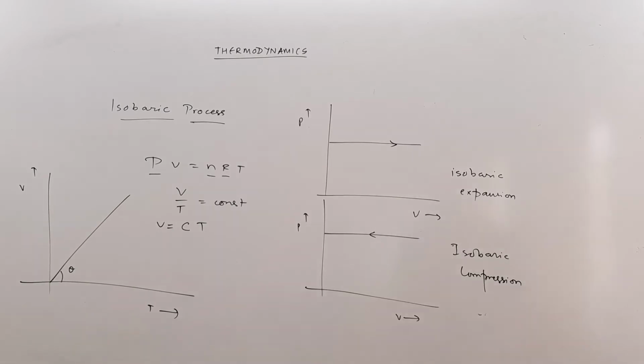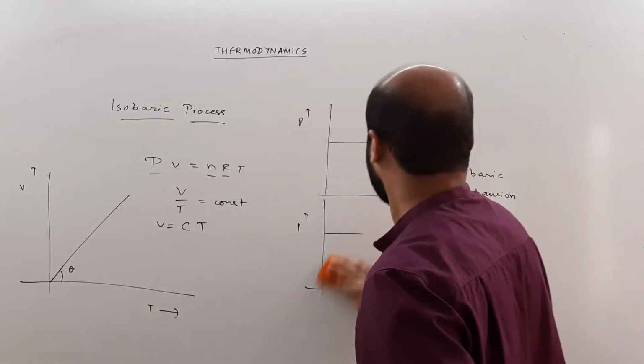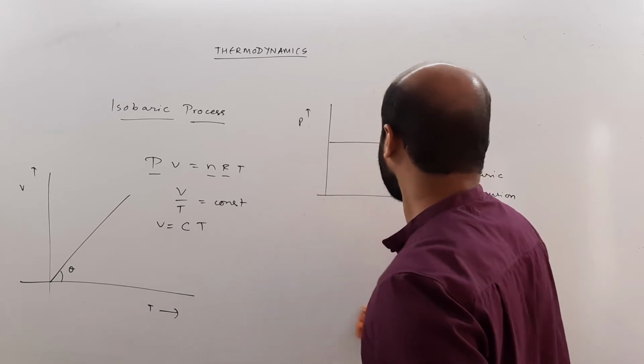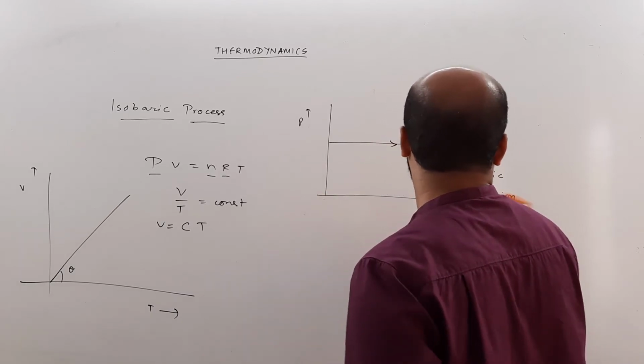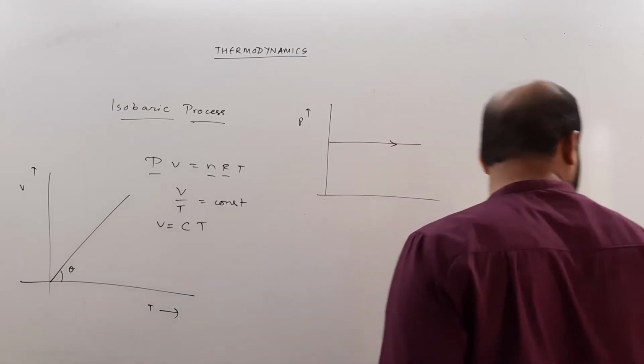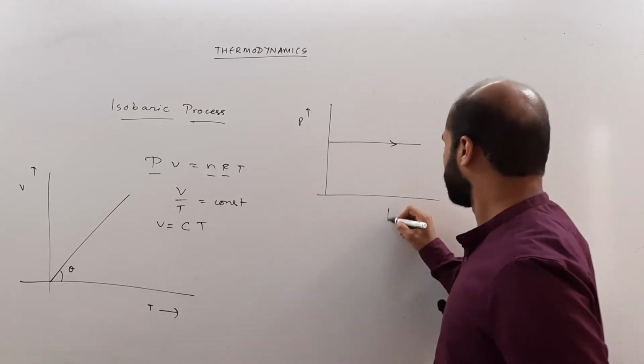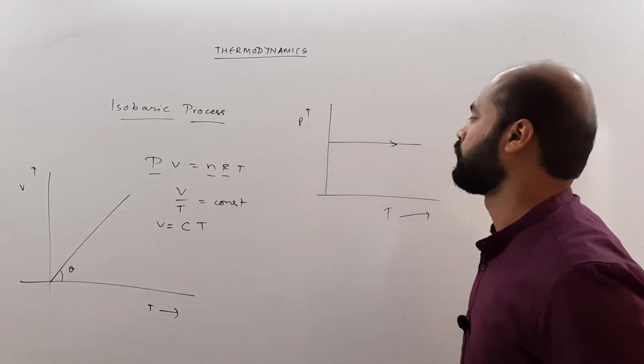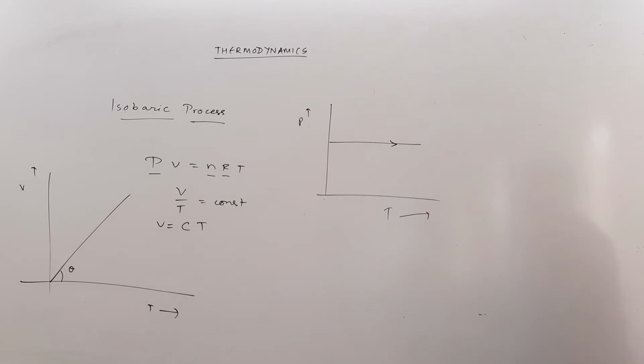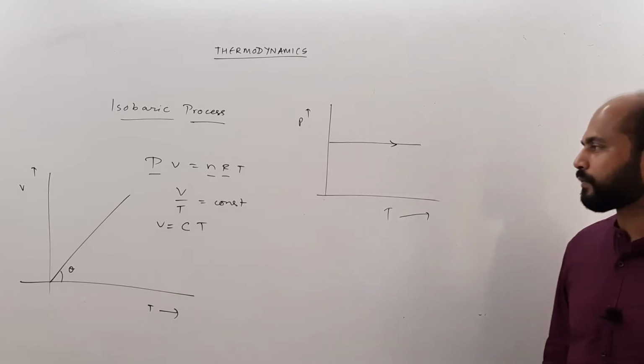The next graph is the pressure and temperature graph, which is also going to be quite similar. So the pressure and temperature graph would be this. Temperature is varying and pressure is remaining constant in either case.